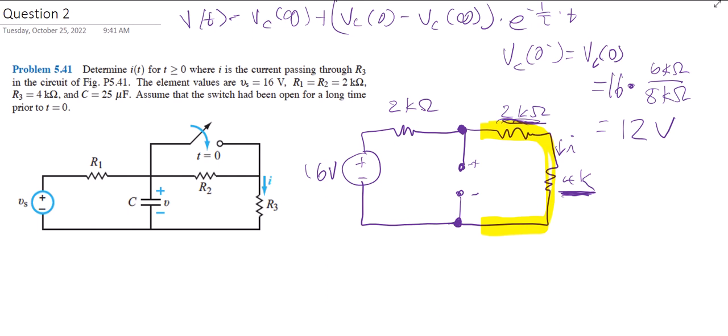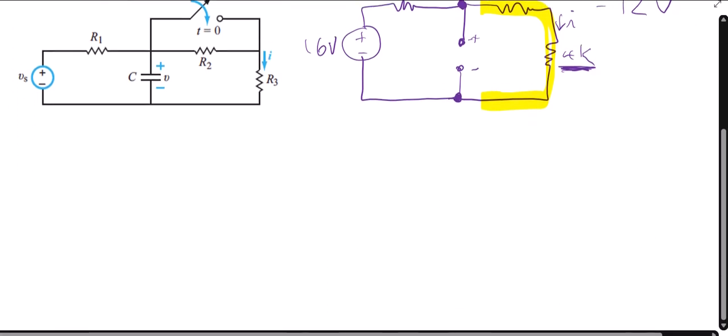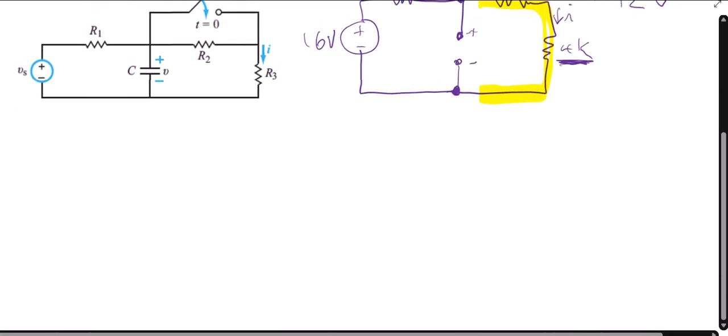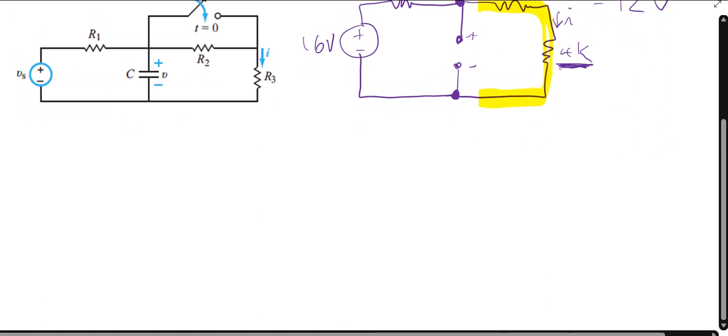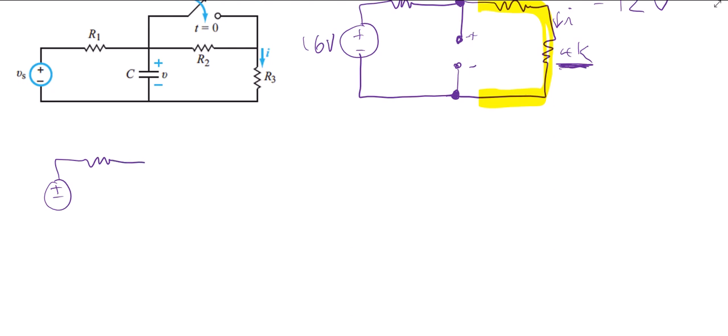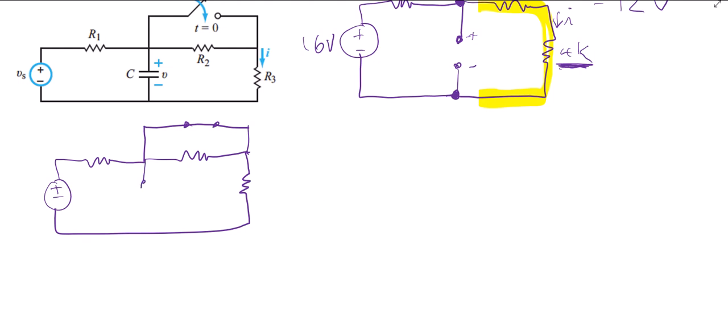Okay, so now let's look at V at infinity. So at infinity, we will have closed this switch up here. And when we do that, what does that do to this resistor right here?